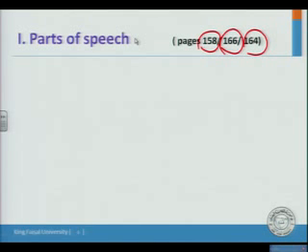But in English, we can't form a sentence without any verb. At least we should use a verb to be. So this is the difference between Arabic and English, that in English we must use at least a verb to be to form a sentence.